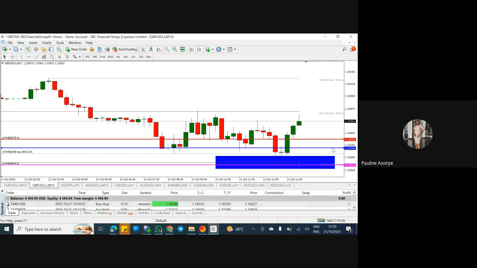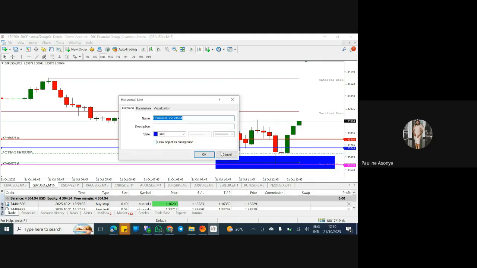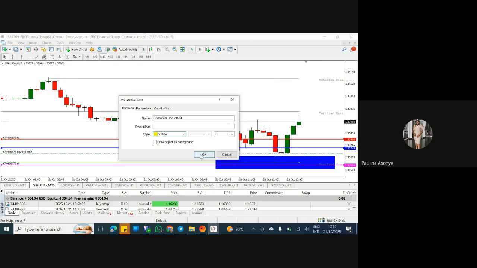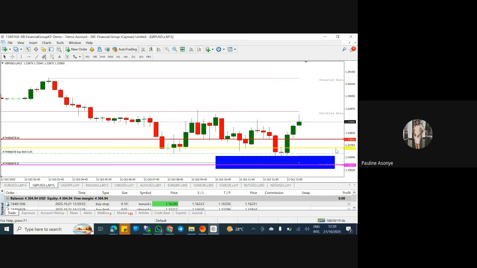Then my blue, which is supposed to be my take profit, I like to use, let's use yellow for our TP for sell.